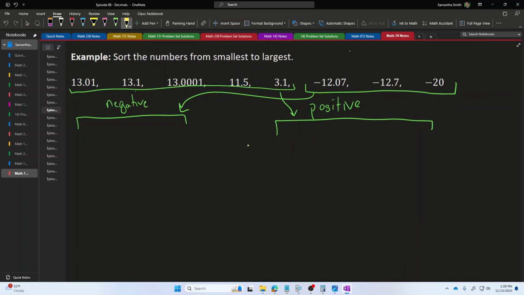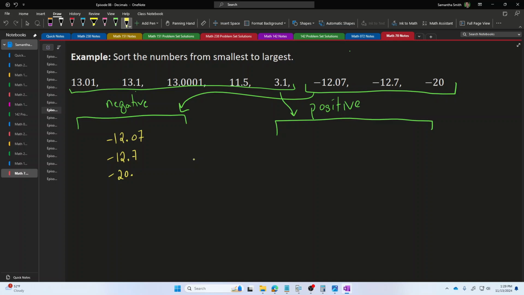Now, to finish sorting these values, all that I'm going to do is compare the numbers within these two categories. I'm going to say between negative 12.07, negative 12.7, and negative 20, which one of those is the most negative and which one of those is the least negative.